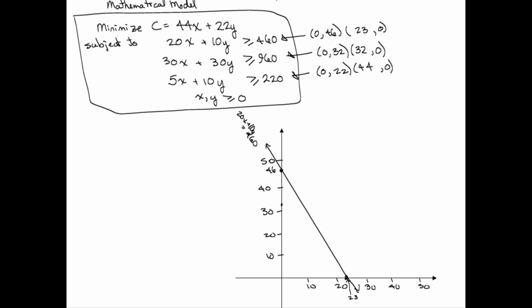Then we have 0, 32, 32, 0. So I draw and label my line.